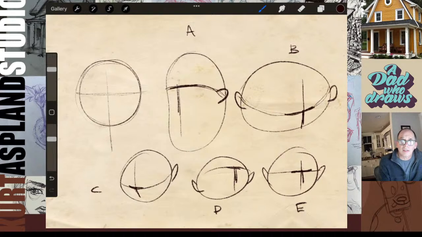If I take a look at A, my temples are going to be right about there. Let's look at B. B, it's going to be right about there. C, and then D, and then of course E.